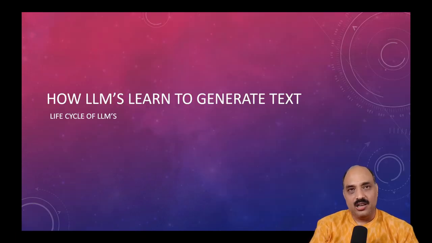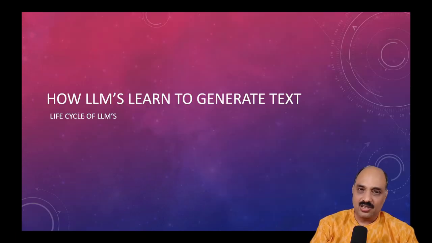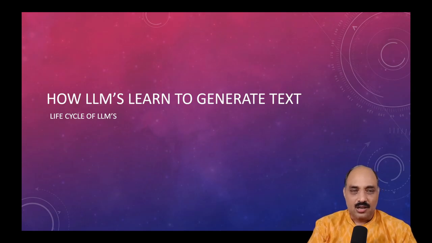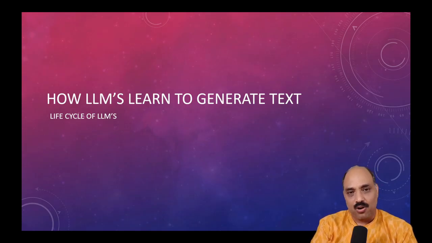So before we understand the reasons for the hallucination, let us understand how LLMs learn to generate whatever they are telling. It is very important for the listeners to understand how LLMs learn to generate text, if we have to understand what kind of issues LLMs are facing due to their learning.